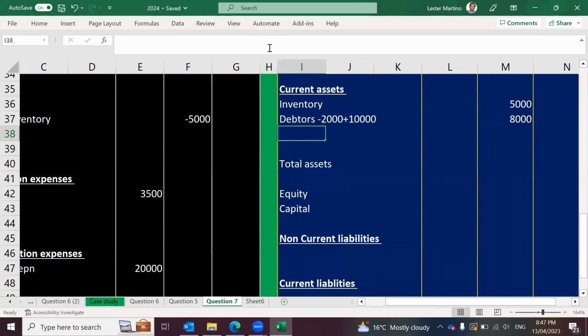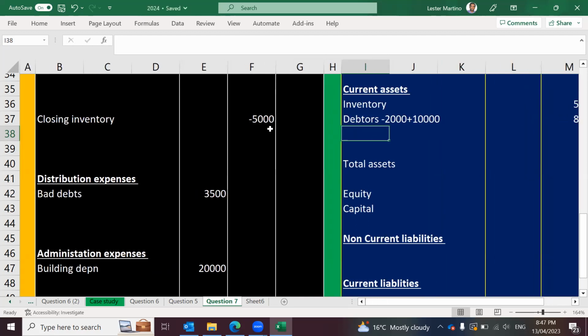Debtors in the trial balance is 10,000; minus 2,000 because with bad debts you are not able to collect that money. So that will become net debtors in the statement of financial position. Bad debts in the trial balance you had 1,500 plus new bad debts written off 2,000. So altogether bad debts for the profit or loss statement expense is 3,500.